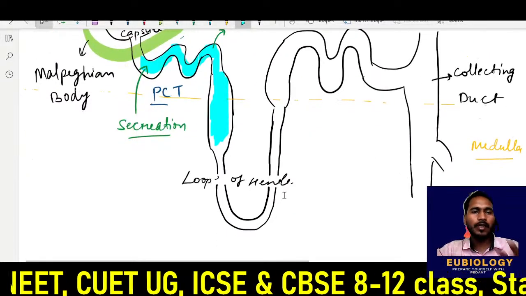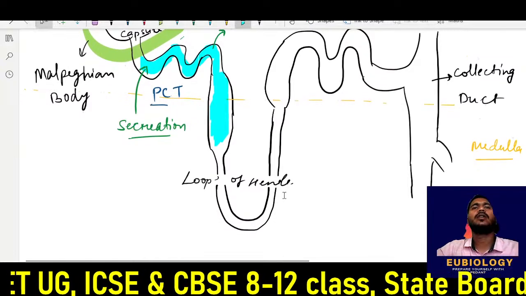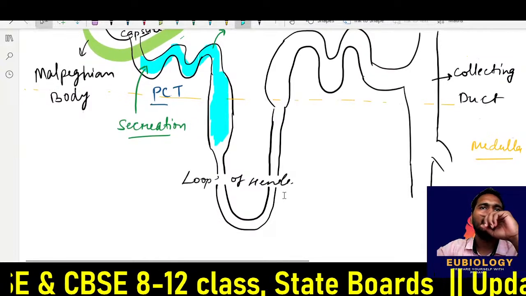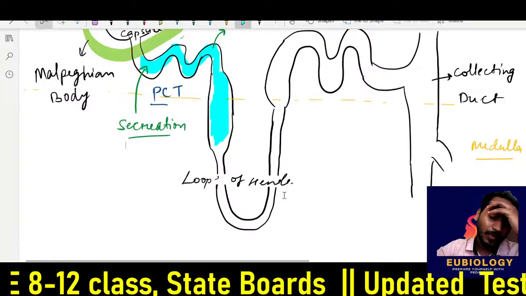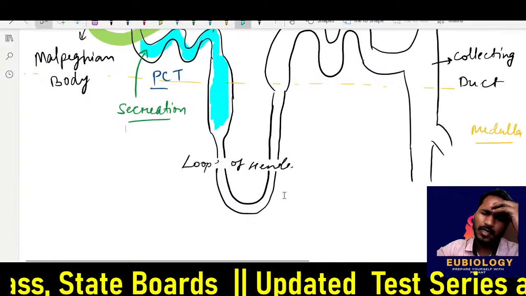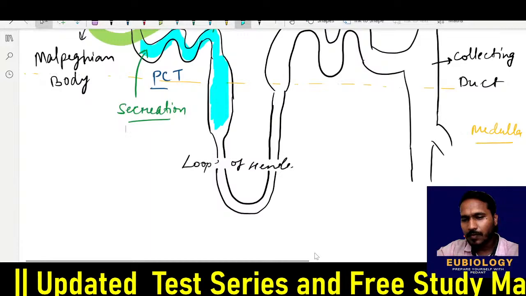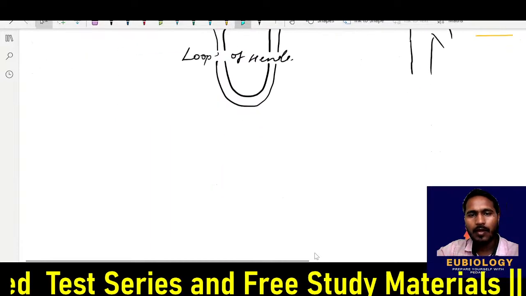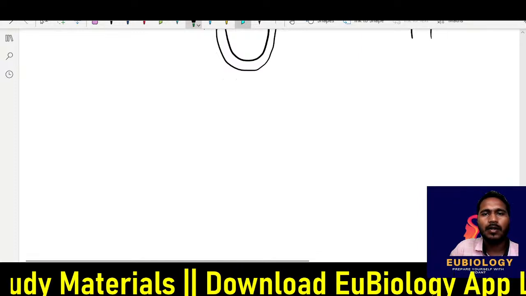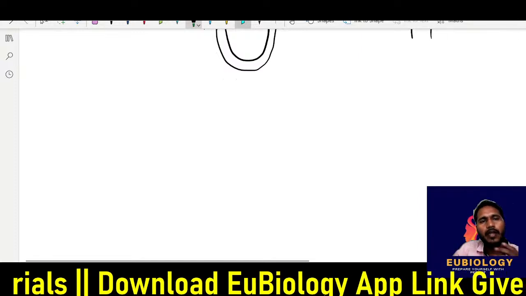Now the important thing we are going to see is called the juxtaglomerular apparatus, the JG apparatus.